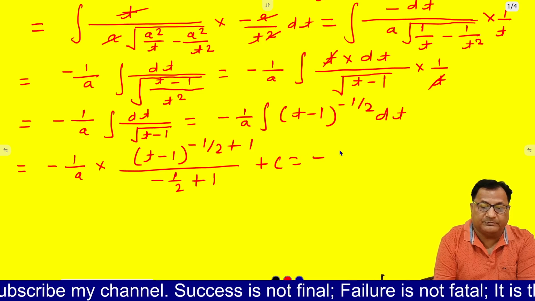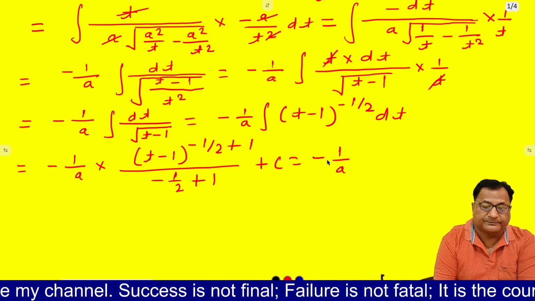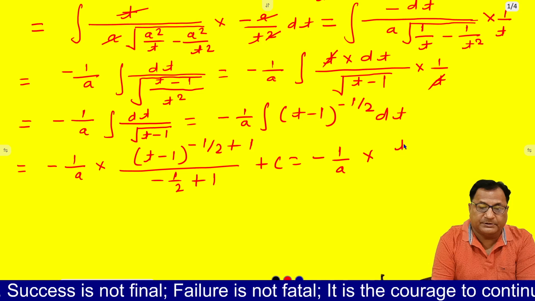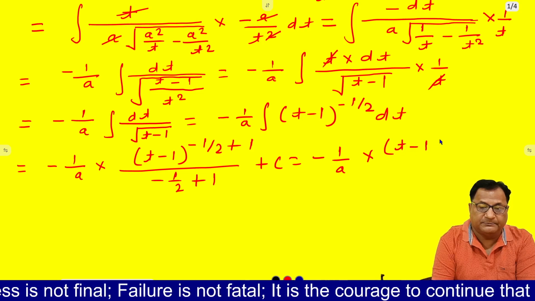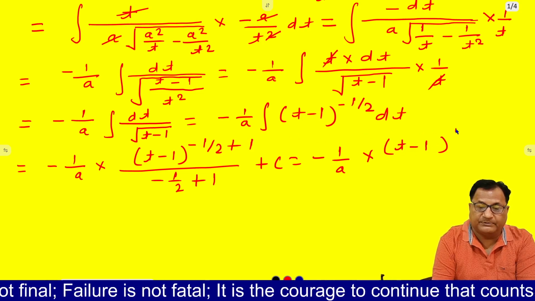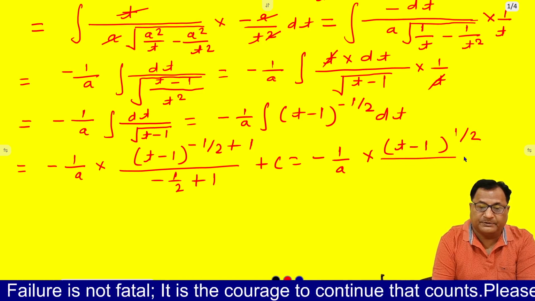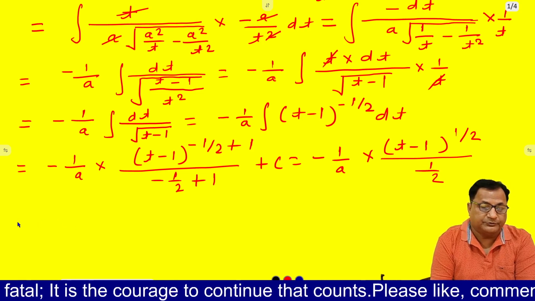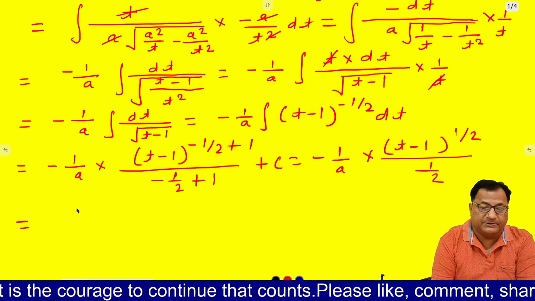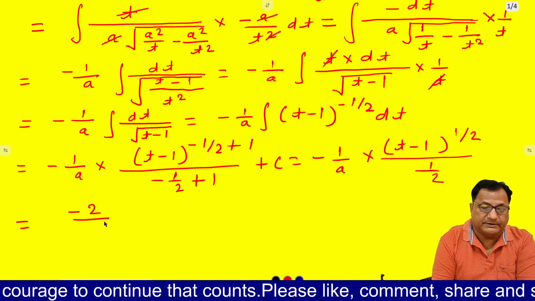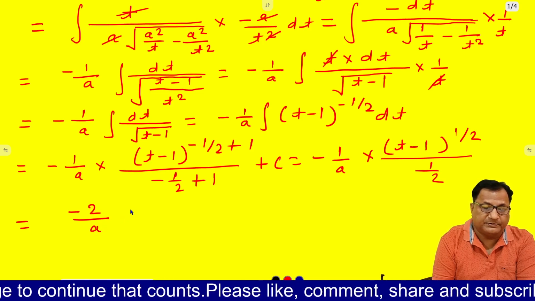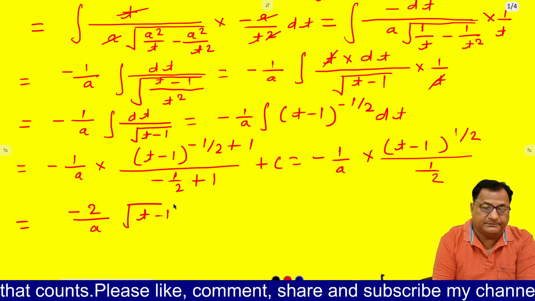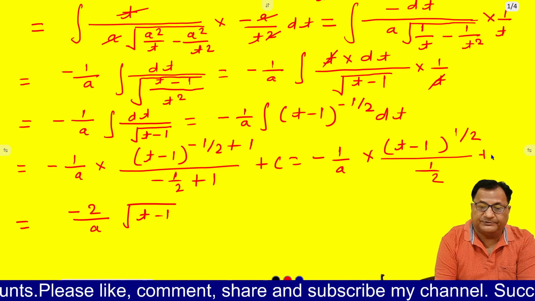That is minus 1 by a into root of t minus 1 divided by 1 by 2. So 2 will go up, then minus 2 by a root of t minus 1 plus c.